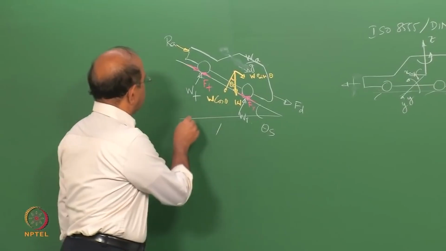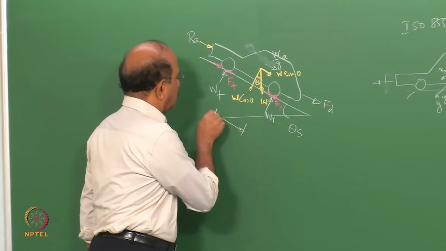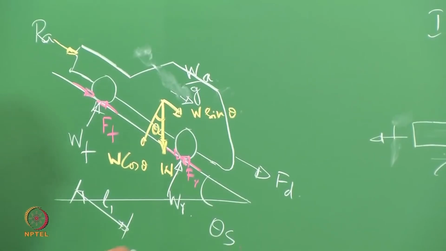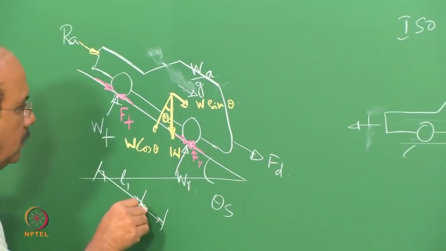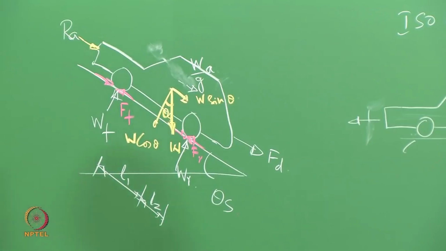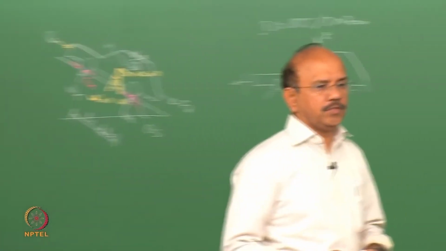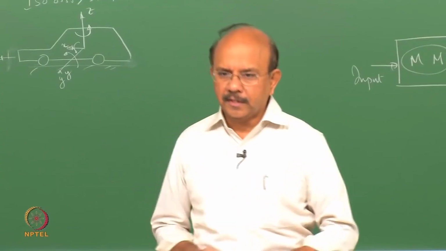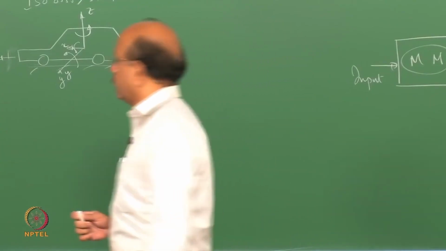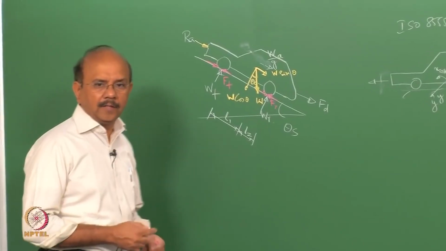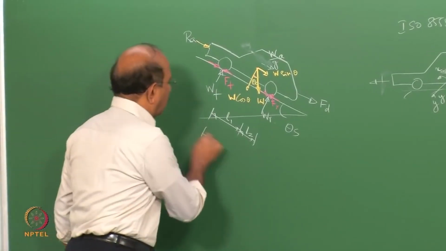Let us say that this length is equal to L1 and that length is equal to L2. L1 is the distance from the front wheel to the CG location, L2 is the distance from the CG location to the rear axle, the rear wheel, and let the total length of the vehicle, L1 plus L2, be called L.